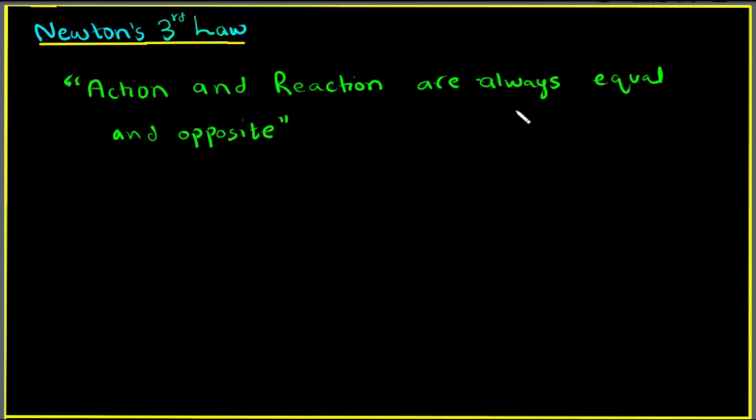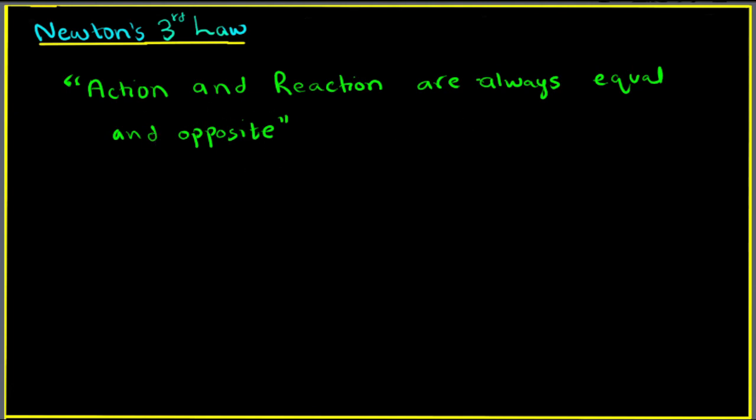There are other versions of Newton's third law that go by different words, like action and reaction are always equal in magnitude and opposite in direction. You could come up with your own wording, but Newton stated it pretty simply, with a very short choice of words: action and reaction are always equal and opposite.